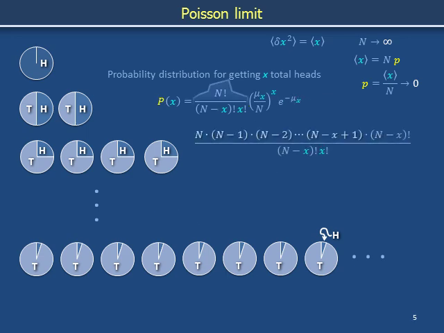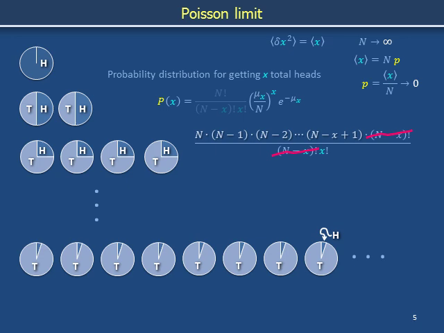Expand the factorial in the numerator by writing n factorial as n times n minus 1 times n minus 2 and so on, down to n minus x plus 1, times those subsequent factors collectively referred to as n minus x factorial. Cancel factors of n minus x factorial upstairs and downstairs.